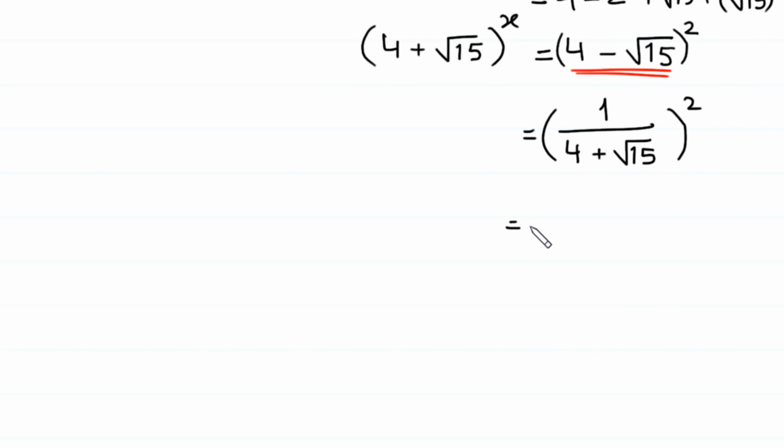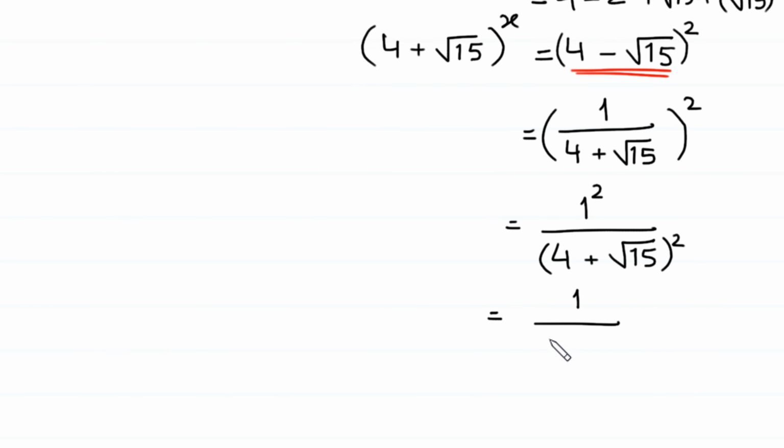Next, according to the rule of exponents, this power 2 will become the power of this 1 and become the power of this 4 plus square root of 15. 1 square divided by 4 plus square root of 15 whole square. Next, 1 square is equal to 1, so we have 1 divided by 4 plus square root of 15 whole square.